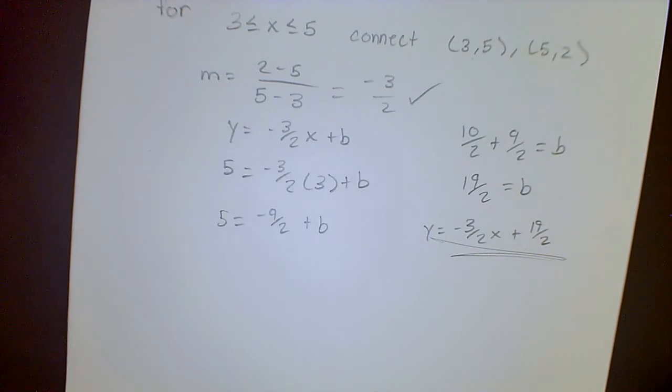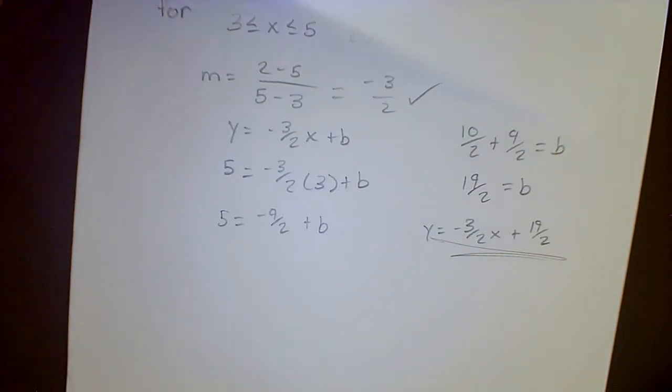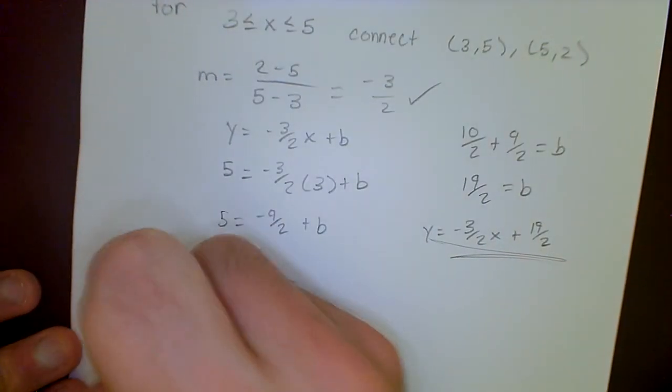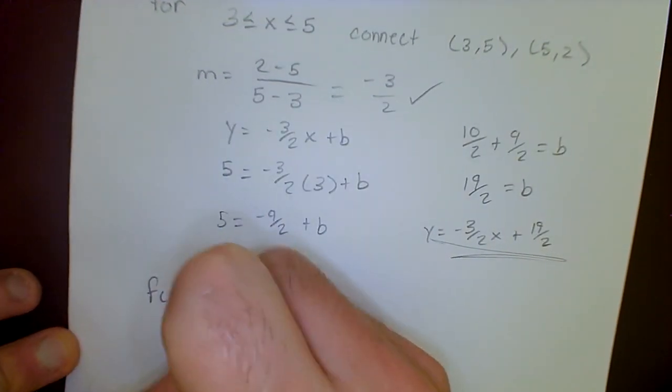So the way you would write this piecewise function that connects these dots is f of x equals curly bracket.